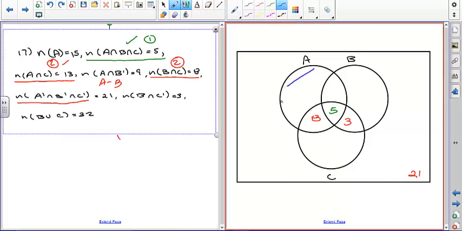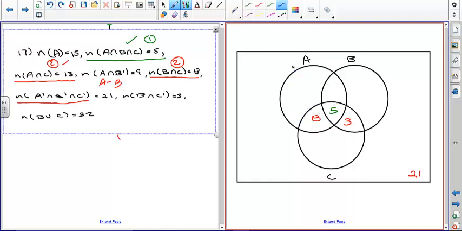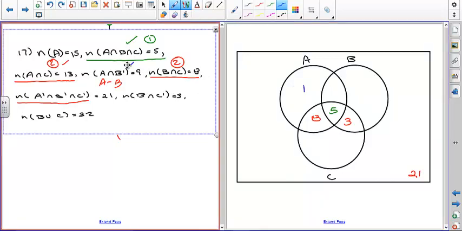So this is A, and then if we subtracted B, it leaves these 2 parts. And that has to add up to be 9. So from that we can say this has to be 1, because A minus B leaves these 2, and that has to add up to 9. Therefore, 1 plus 8 is 9. Okay, so we did that one.